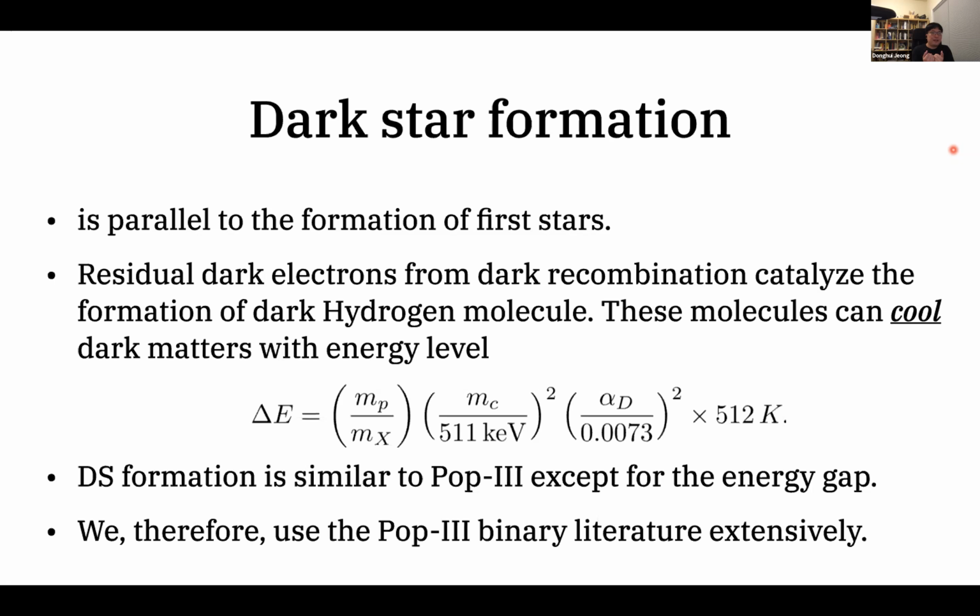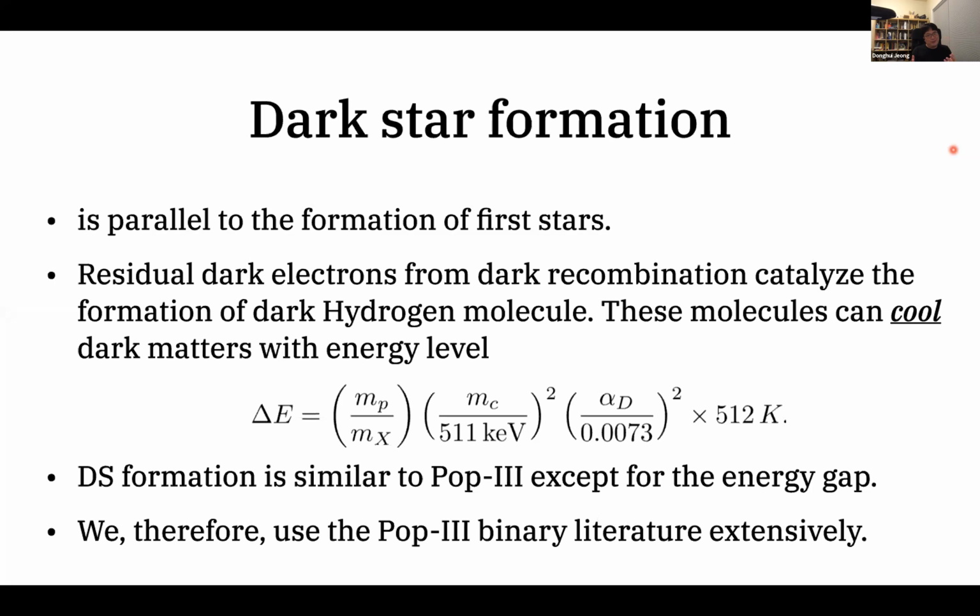What we did is take results from population 3 star formation simulations, because in our setup, we have dark proton, dark electron, and dark photon, which goes exactly parallel to the POP3, extremely metal-poor star formation process. There is rich literature about POP3 binary formation and the POP3 binary parameter distributions, like eccentricity or the semi-major axis distribution.